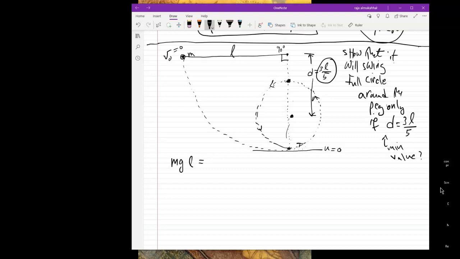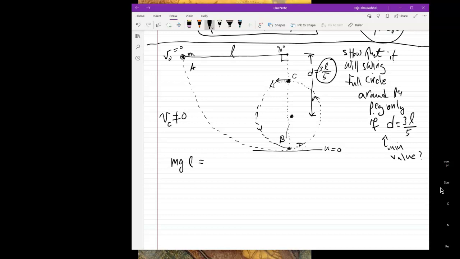Now, here is the key. In order for the bob to make a full circle, the velocity here cannot be 0. Let me call this position C, this is position B here, and this is position A. V sub C cannot be 0, because what will happen if it's 0?